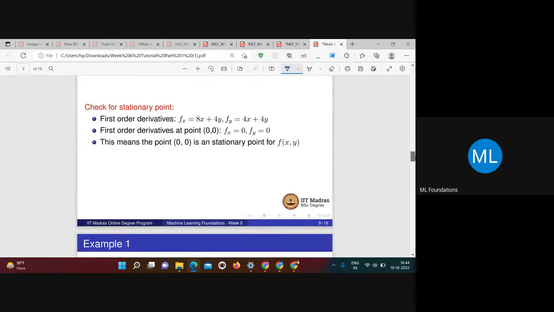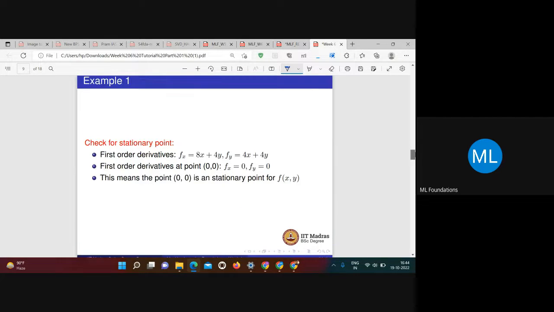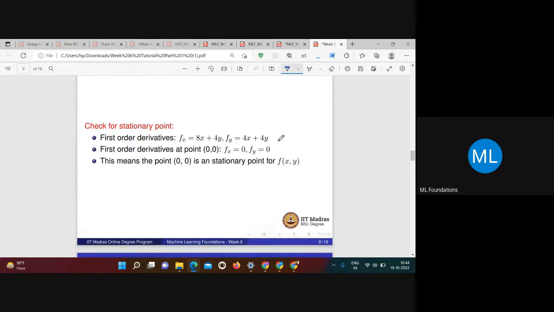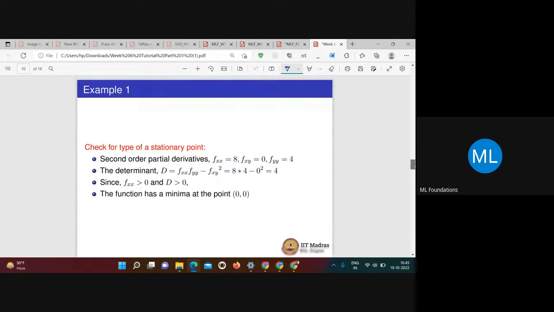Here, 0 0 is the stationary point. You get it from the partial differentiation with respect to x and y. This example shows how you calculate the stationary point and how that point behaves.